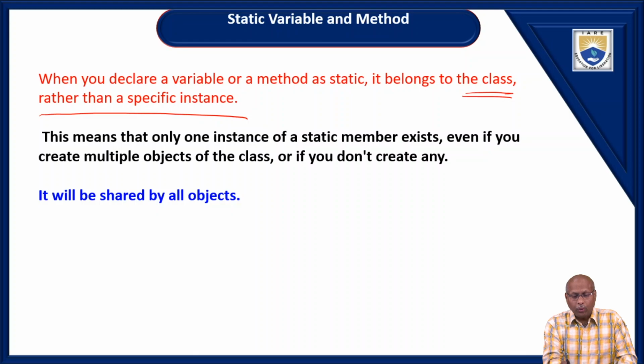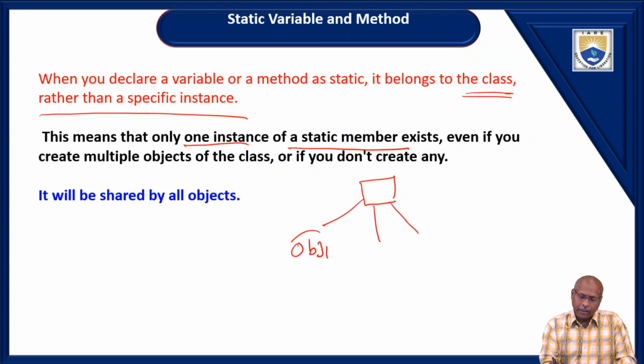This means that only one instance of a static member exists. Even if you create multiple objects of the class, or if you do not create any, automatically only one copy will be there, shared by all objects.